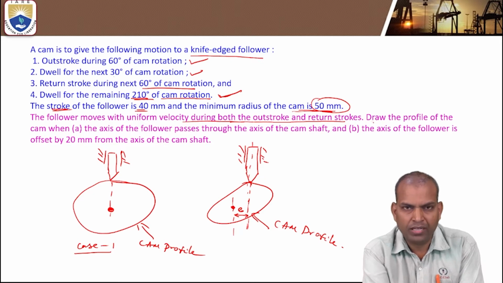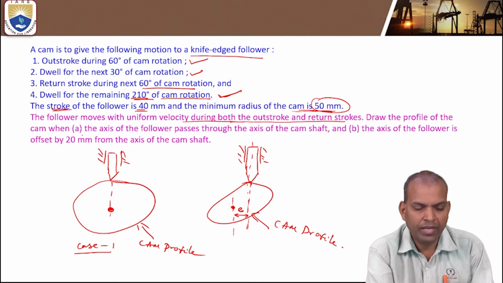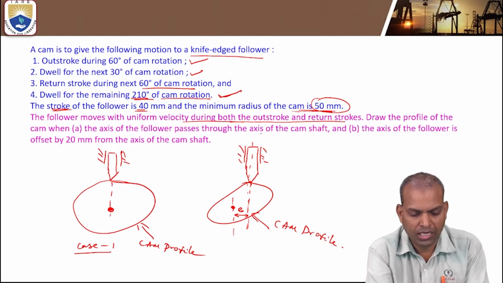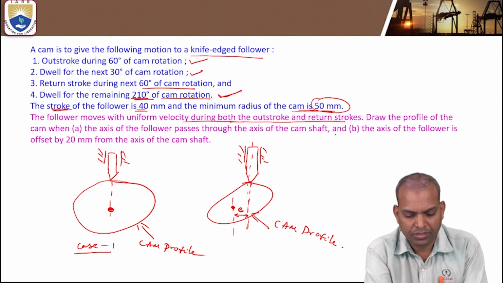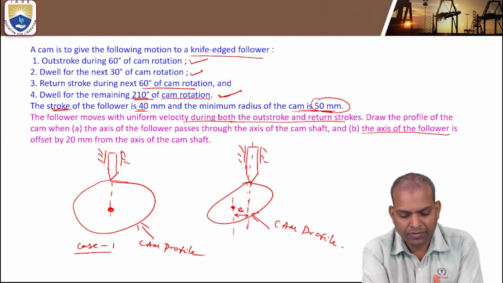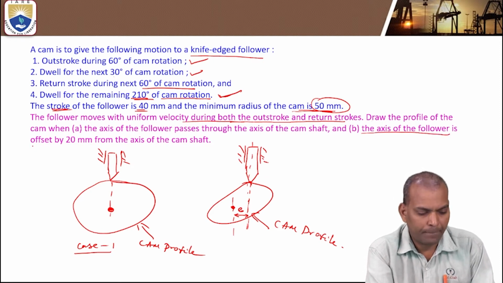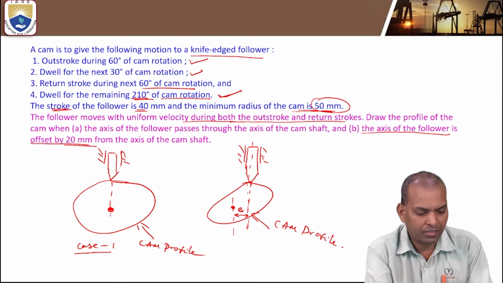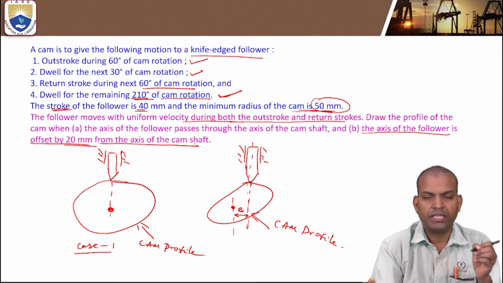Draw the profile of the cam when the axis of the follower passes through the axis of the camshaft, and when the axis of the follower is offset by 20 millimeters from the axis of the camshaft.